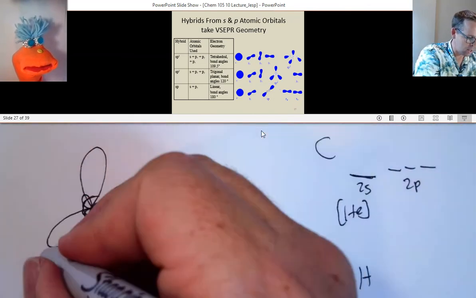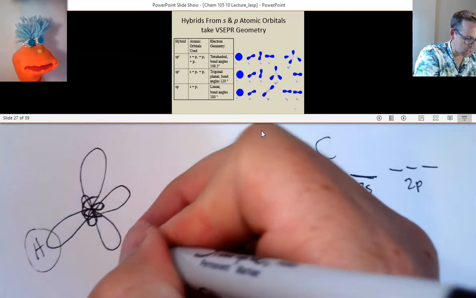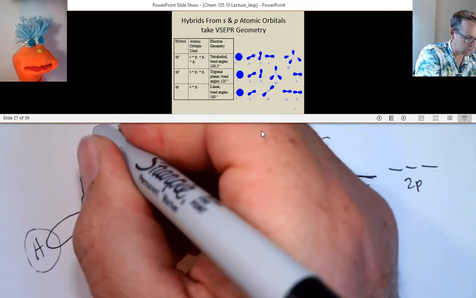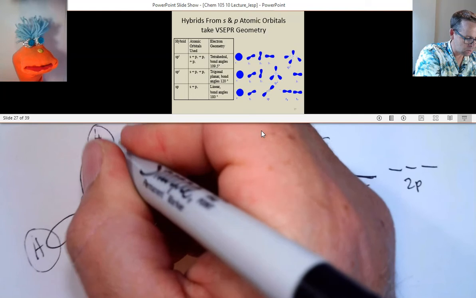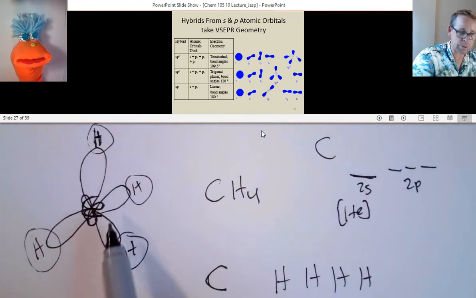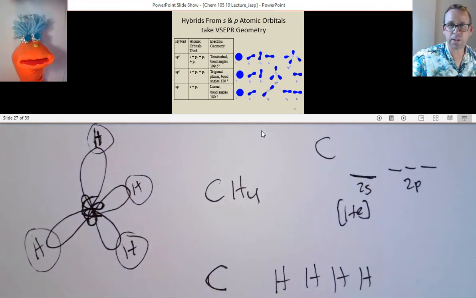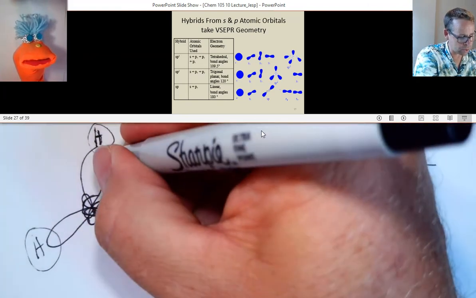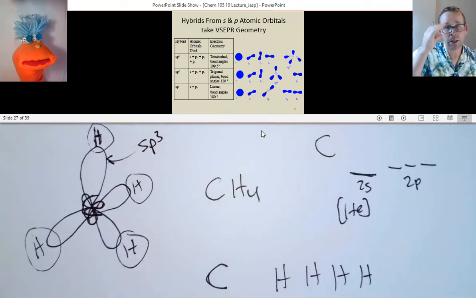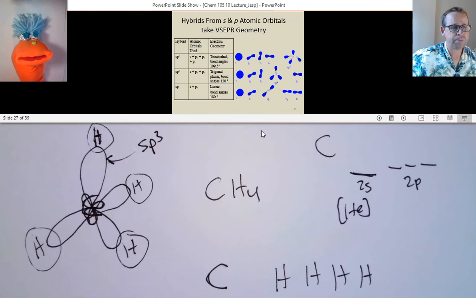These 4 regions are extended, again, trying to spread out as evenly as possible. Then the hydrogens bring in their 1s orbitals, and the bonding occurs between the 1s orbitals of the hydrogens and the hybrid orbitals that the carbon made. The hybrid orbitals are called sp3 hybrid orbitals. Do you know why we name them sp3?